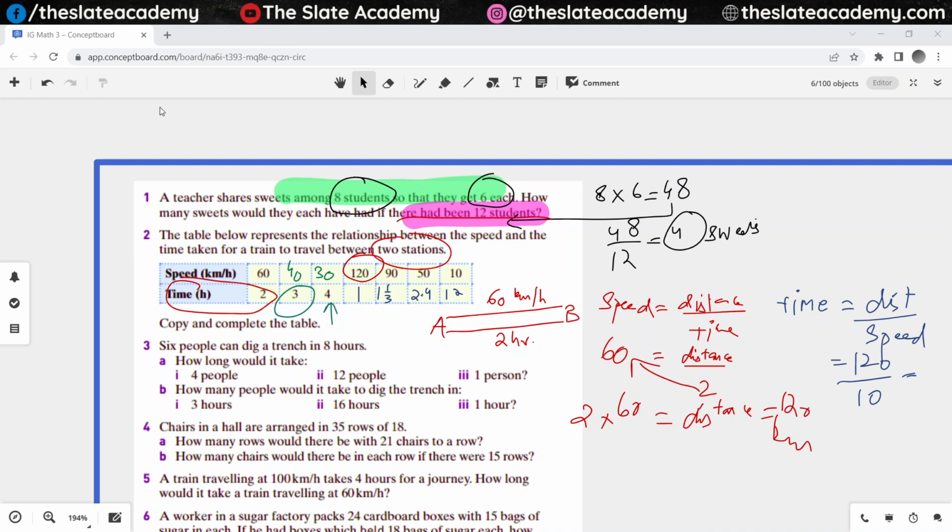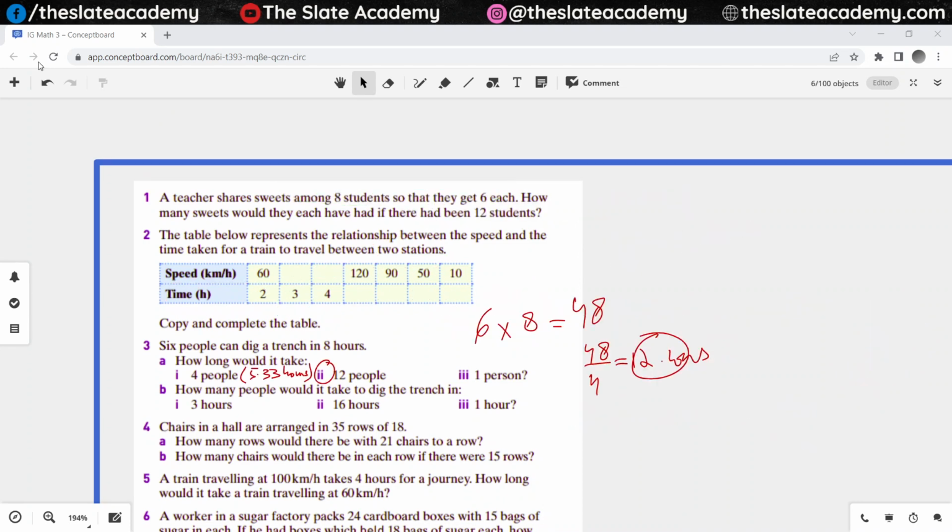Okay, question number 3. If 6 people can dig a trench in 8 hours, how long would it take 4 people? 6 people do a work in 8 hours.